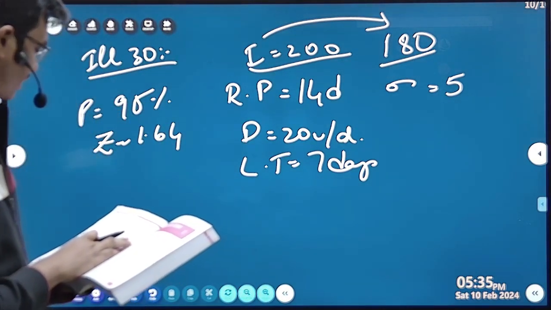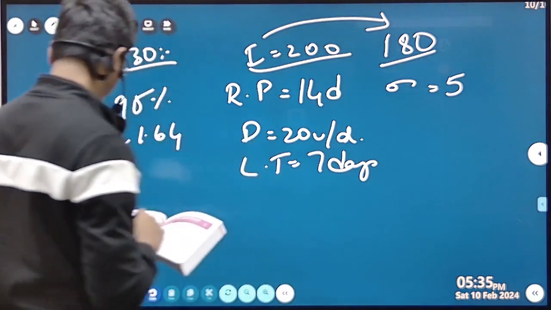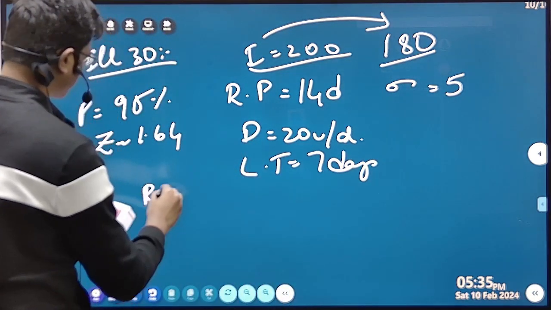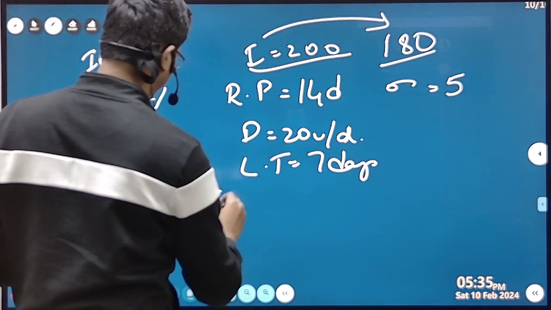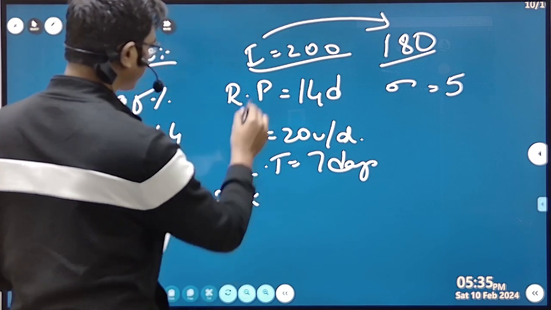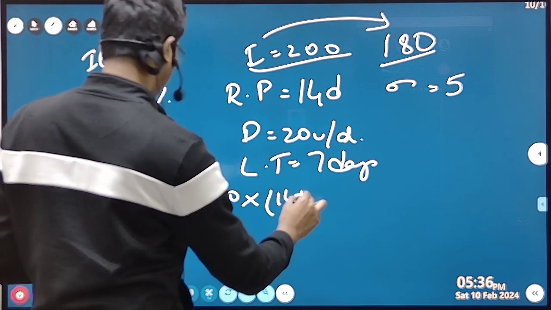So now he says how many units should be ordered. So reorder level. So same formula. Okay. So you have per day 20 and you have review period plus lead time, right? So this will be 14 plus 7.